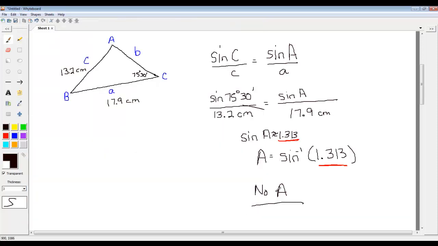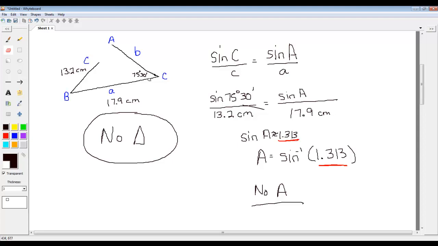So if there is no A that's going to work here, there is no triangle in this case. What's happening is that you might have this 75 degree 30 minute angle here, and you might have 17.9 centimeters here, and 13.2 centimeters there, but somehow this side isn't able to connect with that side.